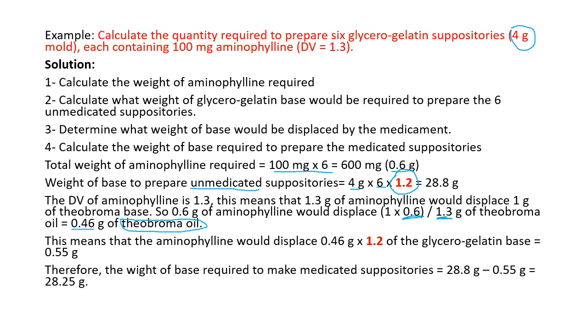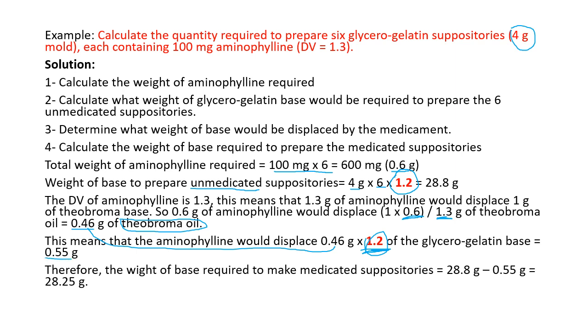But we are not using this base. We are using the glycerogelatin base. So again, we need to multiply by the factor, which is 1.2. We multiply the amount of the base that would be displaced in theobroma oil by the factor of the glycerogelatin base. This gives 0.55 grams.